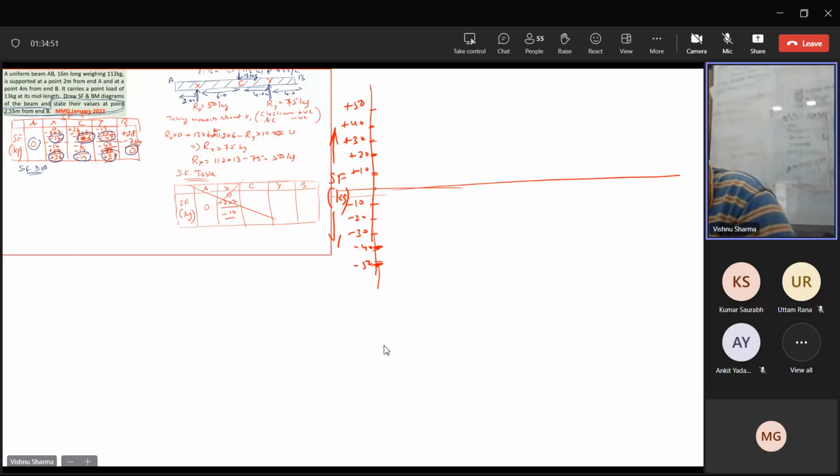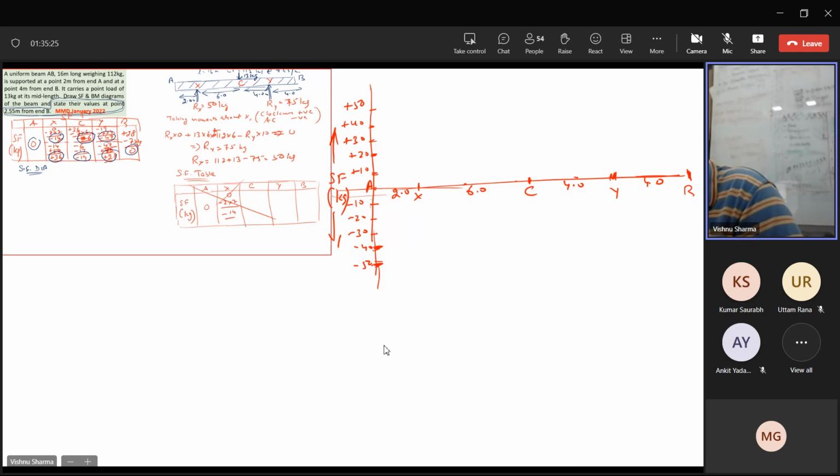First we have A. Then 2 meters from A, we have X. Then 6 meters from X, we have C. And then 2 into 4 meters, we have this Y, and 4 meters, we have B. So 6, 4, and 4.